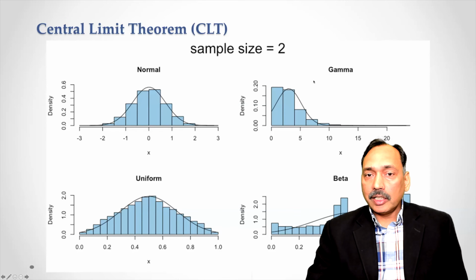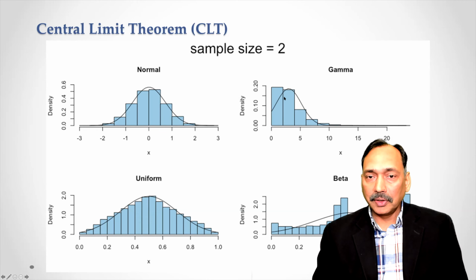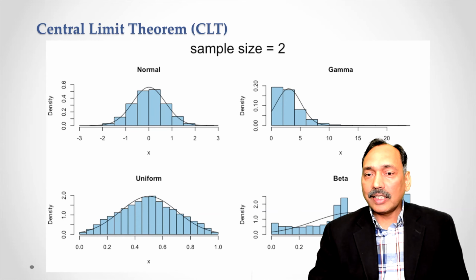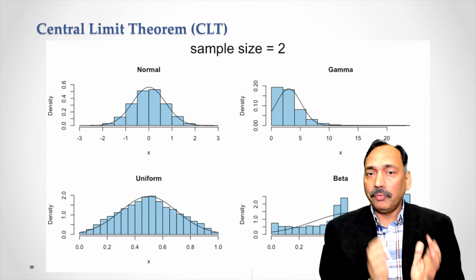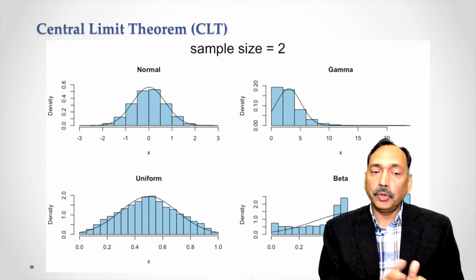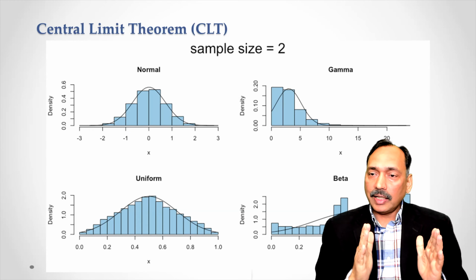But gamma distribution, if you are repeating that, you are going to see slight change compared to earlier. Earlier it was very highly right skewed. So now that skewness, just with the sample of size 2 and finding the averages and creating a histogram, starts to decrease.